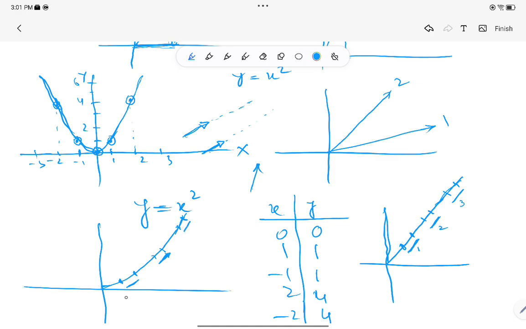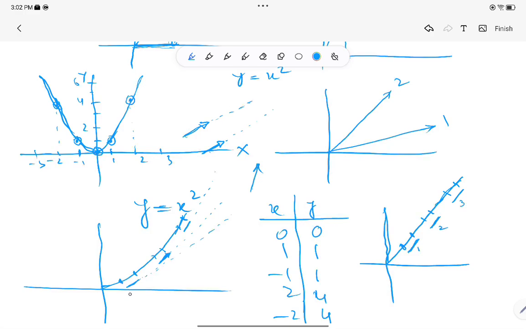What do you find? Look at this. Suppose I produce this on this side, and I produce this. Now tell me, do these three pieces have the same steepness? No. Suppose it is a hill, a mountain.